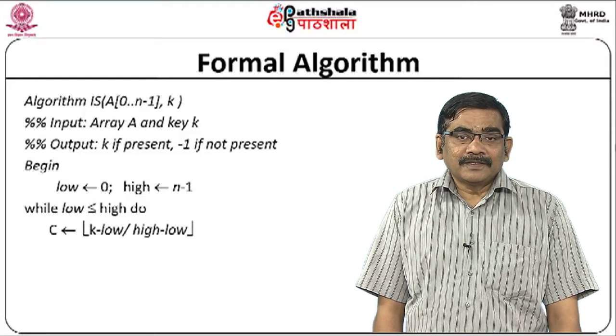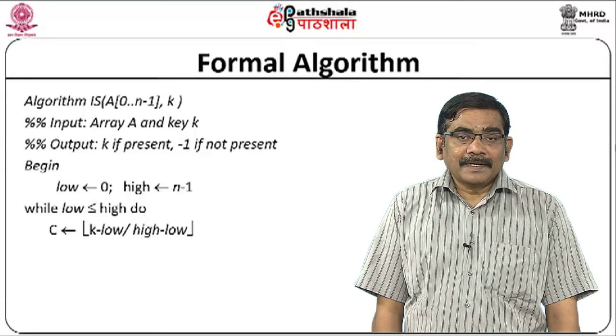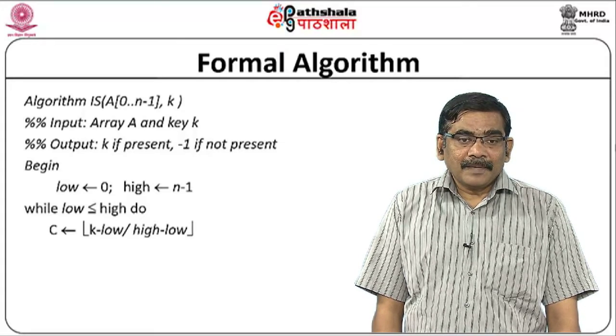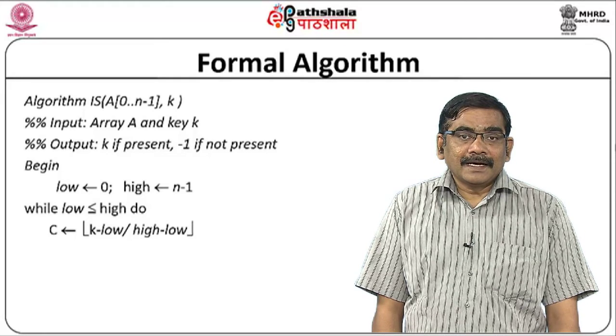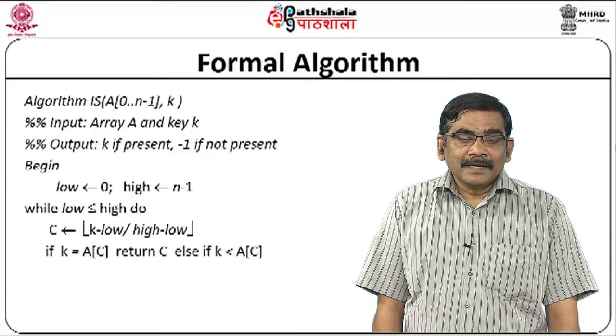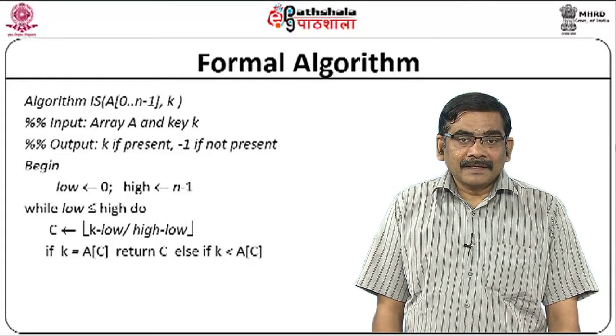This is where it differs from binary search, where the approximate middle is obtained using the formula, that is the floor of (k minus low) divided by (high minus low), where k is nothing but your key, and low and high are respectively the first and last elements of the given array. Now, if k is equal to a of c, that means the element is present, so we return c, otherwise we compare k with a of c.